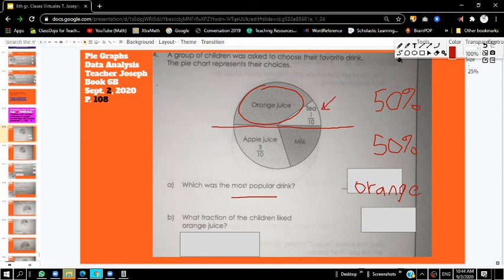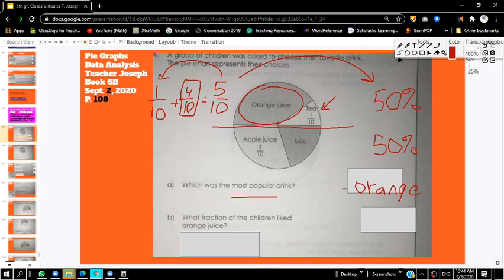Now, I know that 1/10 plus some fraction is going to give me 5/10. And I also know that 5/10 is the same thing as 50%. We learned that in previous lessons. So 5 minus 1 equals 4, so our fraction is 4/10.